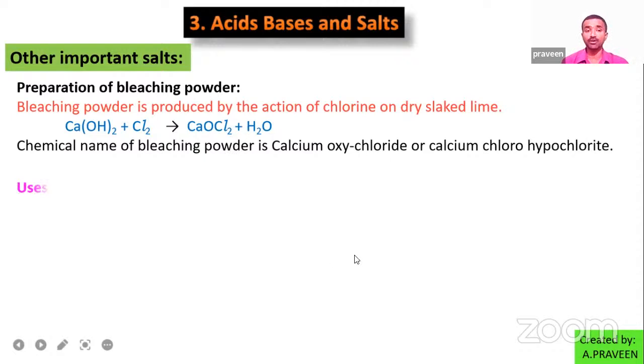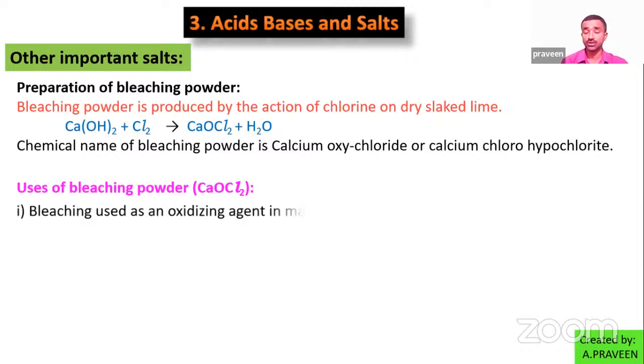Uses of this bleaching powder in our daily life. What are the applications of this bleaching powder in our day-to-day life? This bleaching powder is used as an oxidizing agent. Oxidizing agent means that which can supply oxygen to another compound, and itself will be reduced.